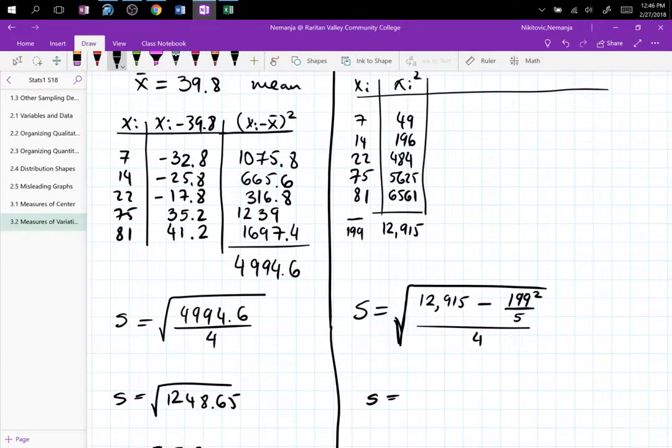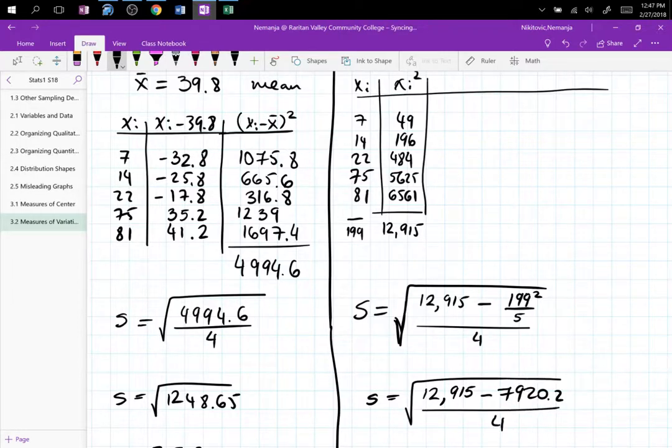So what is s equal to? Well, we have our number 199 squared, and we have to divide it by 5. So now I have the square root of 12,915 minus 7,920.2, and everything needs to be divided by 4.